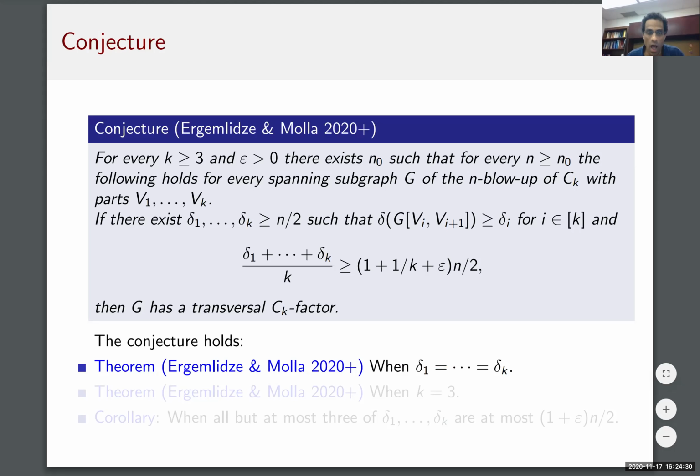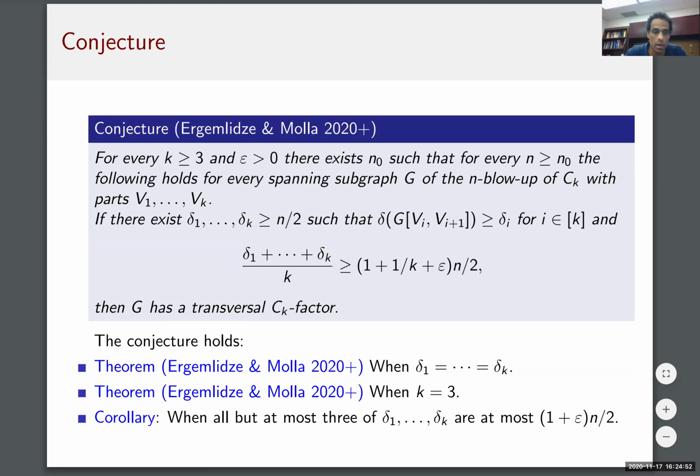Okay, but this is a totally different result: we actually proved that this holds when k is equal to 3. You can do the triangle factors when you allow the minimum degrees to vary. And we'll talk a little bit more about that in a second. Also, this one implies something.